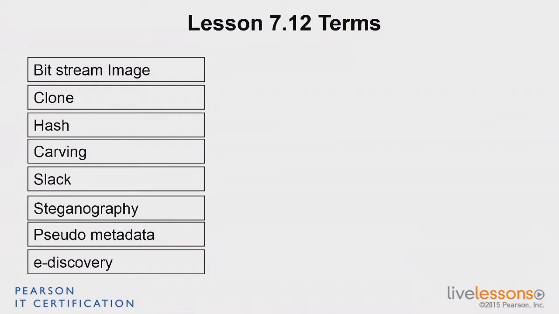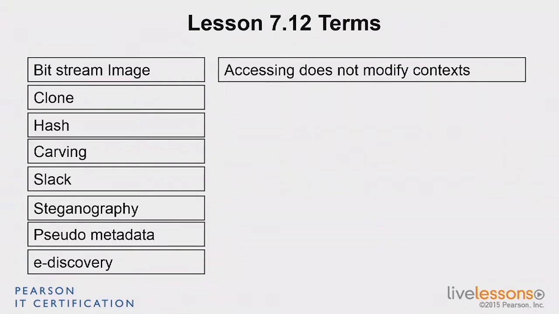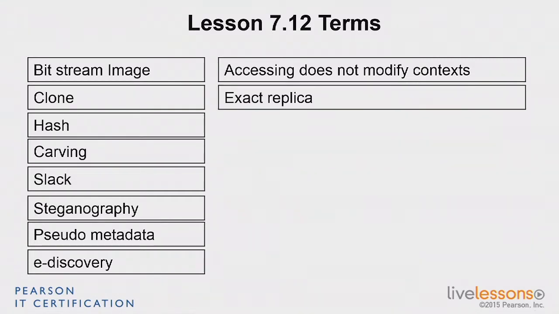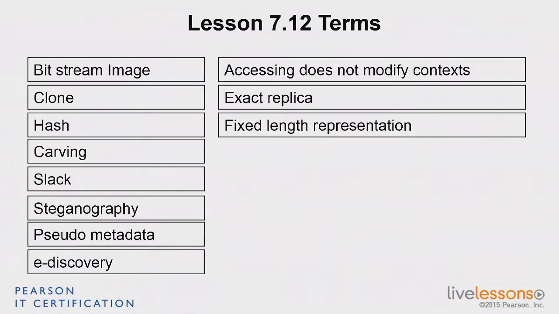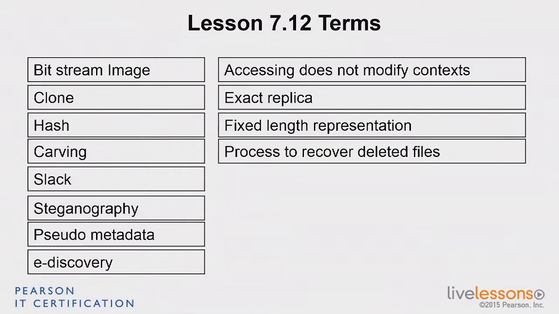All right, let's go through our 7.12 terms. A bitstream image is an image where accessing does not modify the contents. A clone is an exact replica. A hash is a fixed-length representation. Carving is a process we use to recover deleted files.